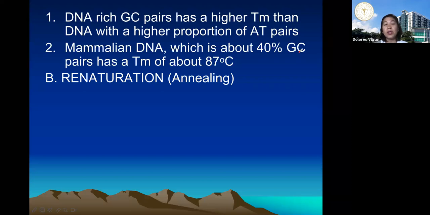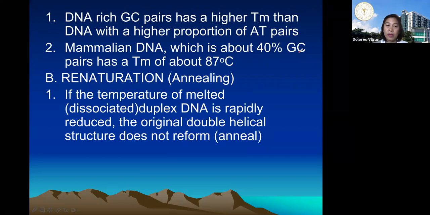In contrast to denaturation, another process is renaturation. You can call it also annealing or reassociation. So again, if the temperature of the melted, dissociated duplex DNA is rapidly reduced, for example, from 94 down to 70, the original double helical structure does not reform.